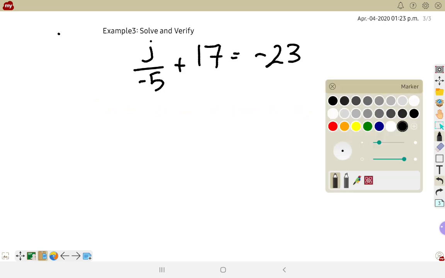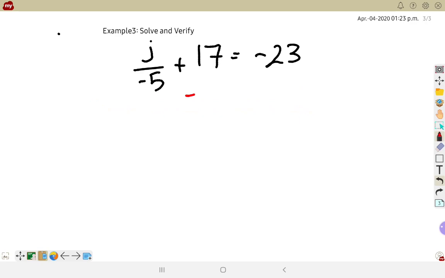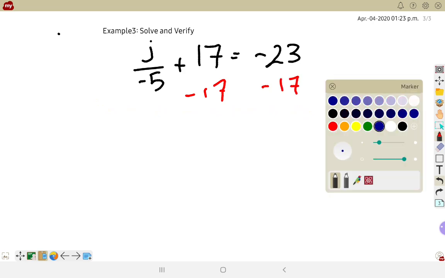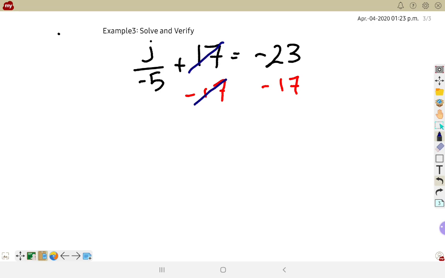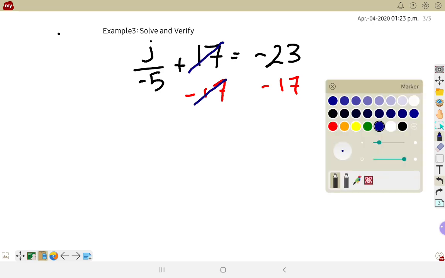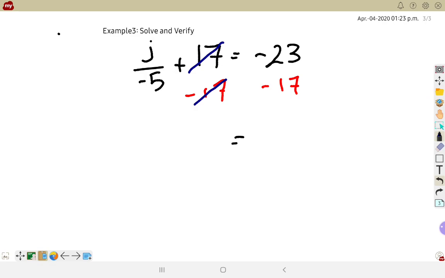I'm going to start off again by getting rid of the constant. The opposite of adding 17 is subtracting 17, and I'm going to do the same thing on both sides. That gives me some nice 0 pairs, and then if I have negative 23 and I subtract 17 more, I'm at negative 40.